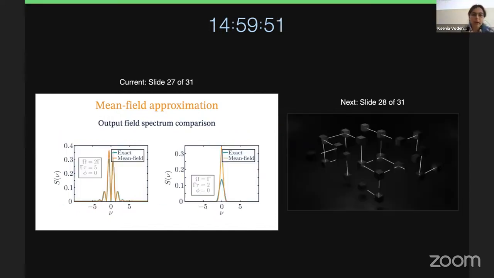Moreover, the mean field approximation also can explain and show certain behavior of the output field properties, like here its spectrum. So this is also a very nice addition of this method, I would say.